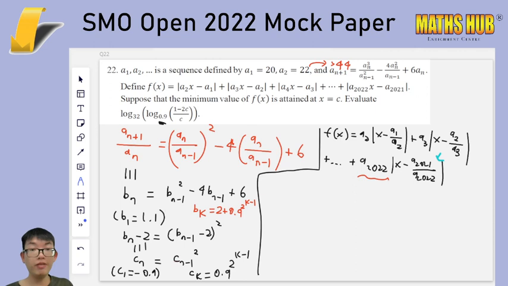In fact, it's so much bigger that if you were to just think about it, this is already the most important value. It's the most important value because if you consider on a number line, you move x away from this, you are going to gain this much. And for the rest of it, you're going to at most lose A2 plus A3 plus A4, and all of that is less than this single one.